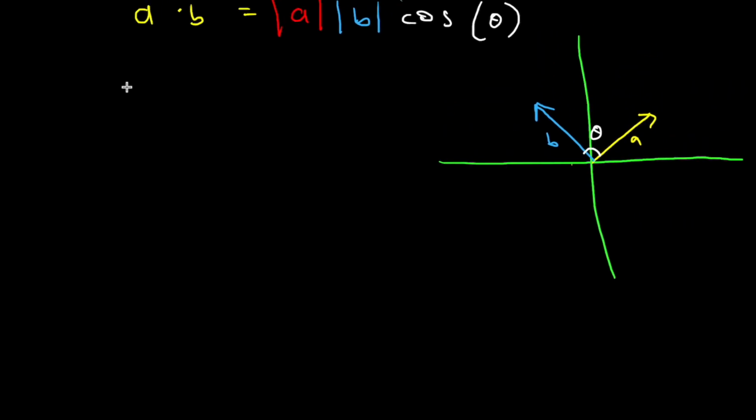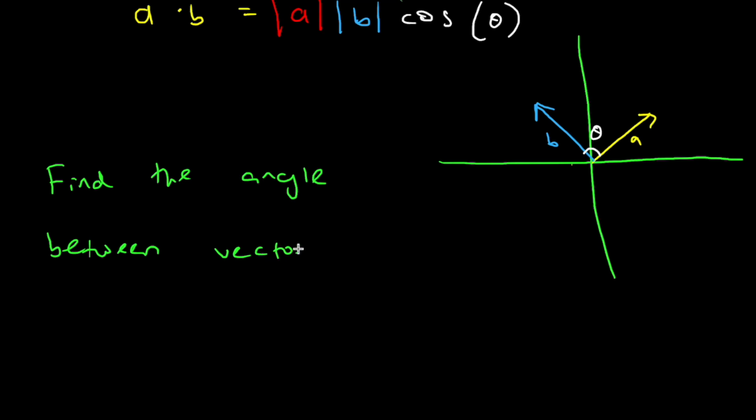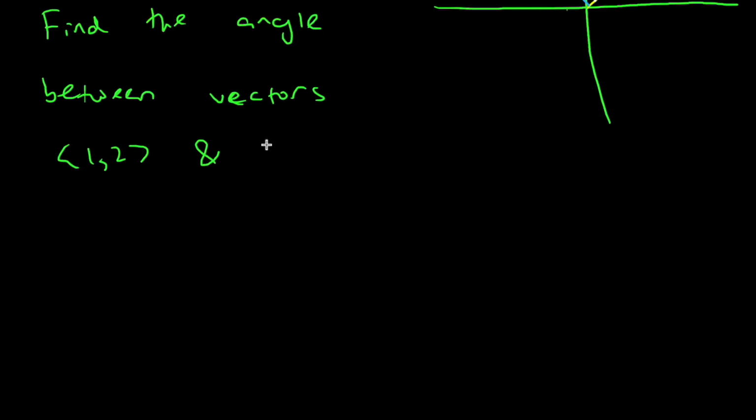So what if I was given the problem, find the angle between vectors, let's say 1, 2, and let's say -1, 3.